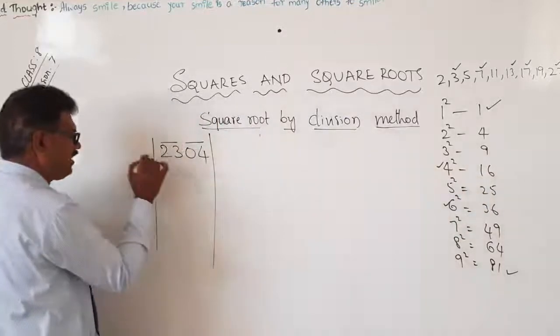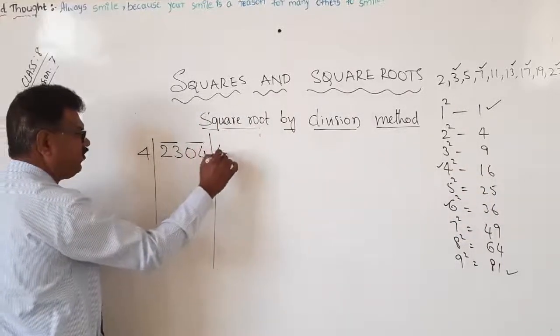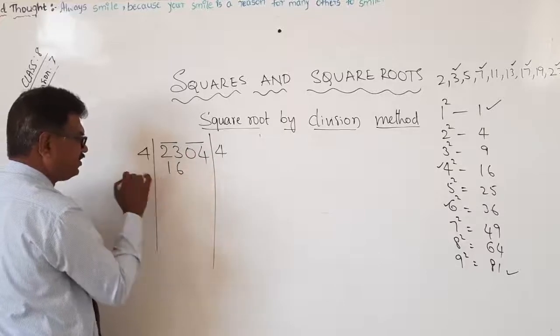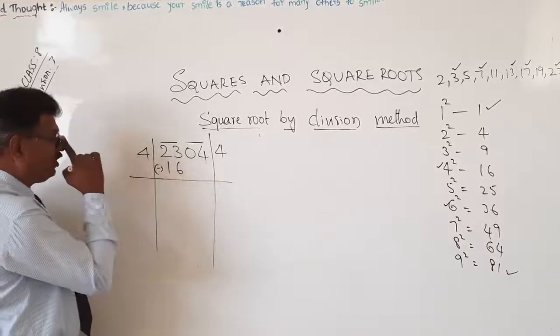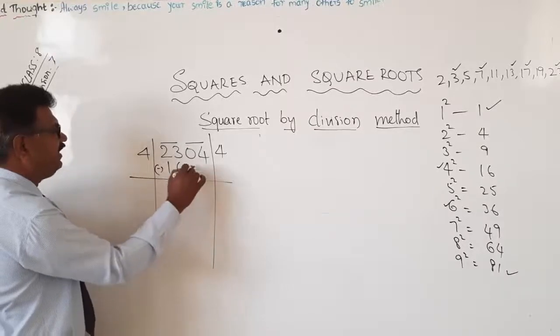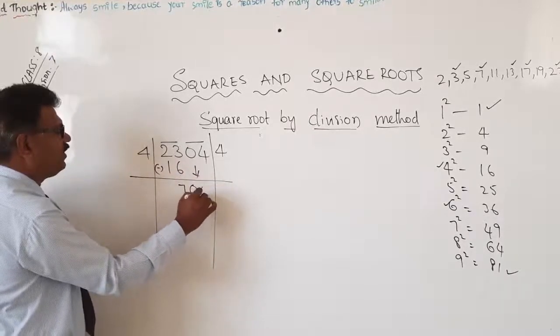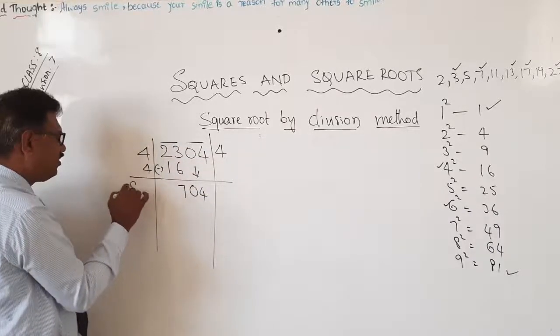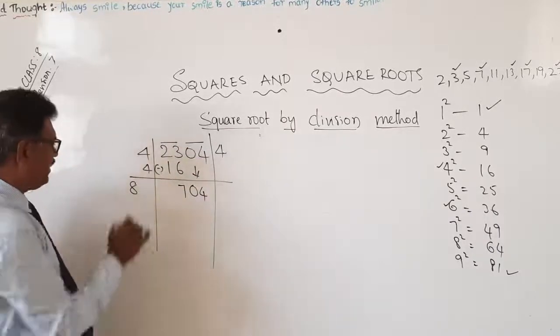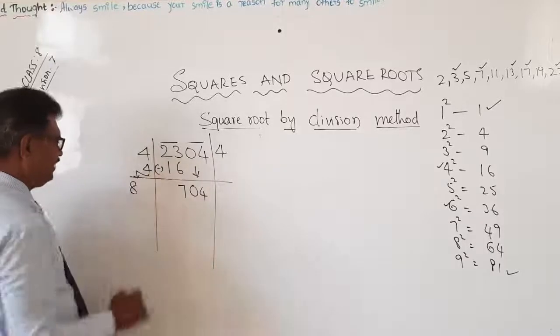How will 16 come? 4 into 4. It is nothing but 16. Okay? Now subtract. 23 minus 16 is 7, then bring down 04. Now take the full number 4. Bring this number here. 4 plus 4, 8. Okay? Right. You should write like this.